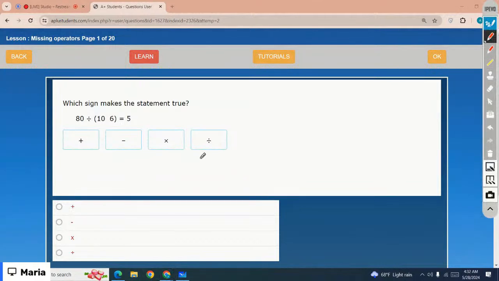That is addition, because 8 plus 6 is 16 and 80 divided by 16 is 5. So the missing sign is plus. Addition it is. The missing sign is addition because 10 plus 6 makes 16. If you subtract 6, 10 minus 6 is 4. 80 divided by 4 is not 5.